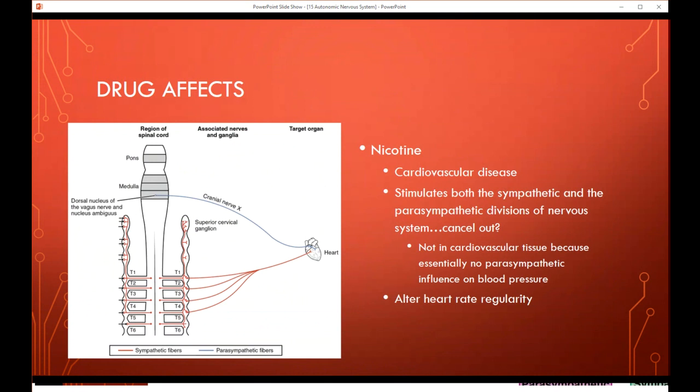If I'm stimulating both, then it's going to cancel out. But unfortunately, in cardiovascular tissue or your heart tissue, there's essentially no parasympathetic influence on our blood pressure. So because there's no parasympathetic response, no rest and digest to bring it back down to normal, it's going to alter our heart rate regularity, meaning that we're going to have maybe an increase of blood pressure happening.